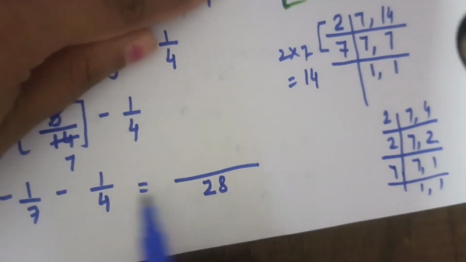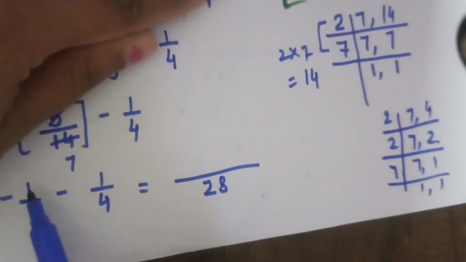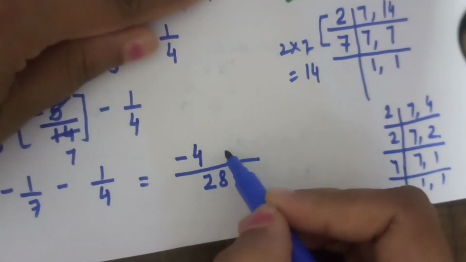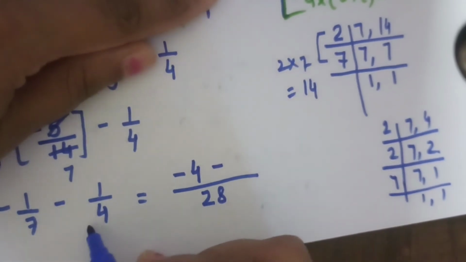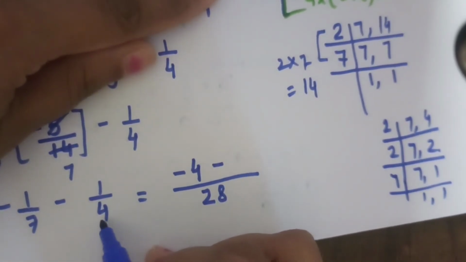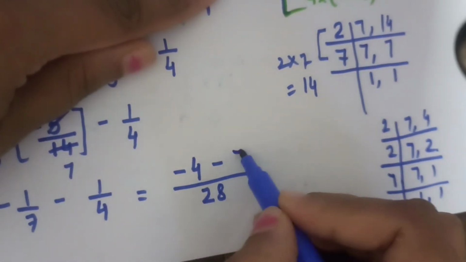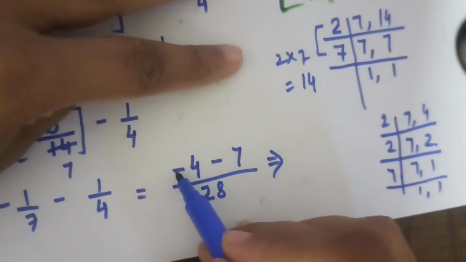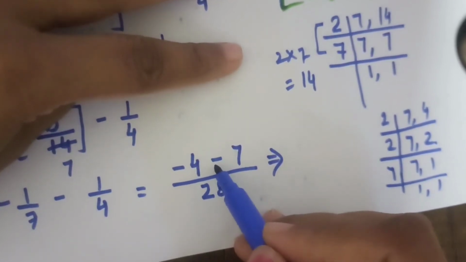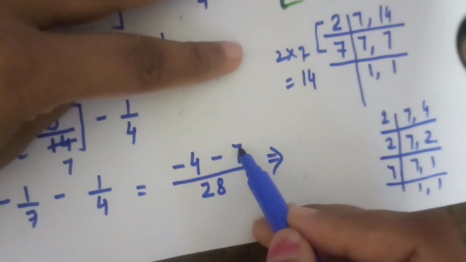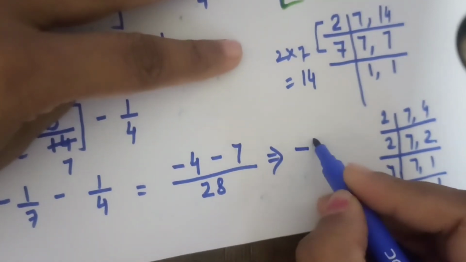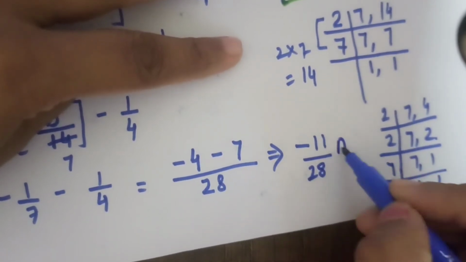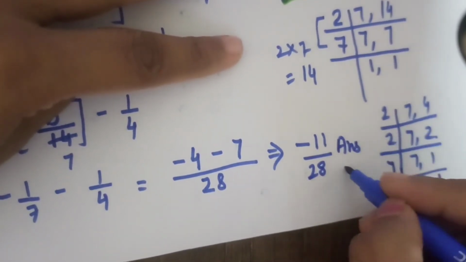After we divide 28 by 7, we will get 4, and when 4 is multiplied by 1, we'll get minus 4. Again, when 28 is divided by 4, we'll get 7, and when 7 is multiplied by 1, we'll get 7 itself. Minus 4 and minus 7, because both signs are the same, both numbers will get added. So we will get minus 11 by 28 as our answer. I hope you get it.